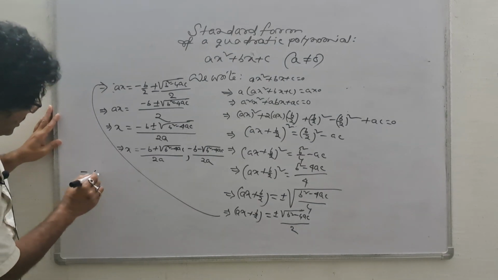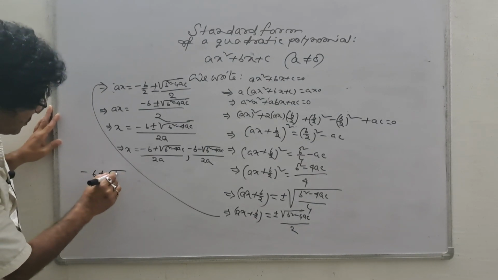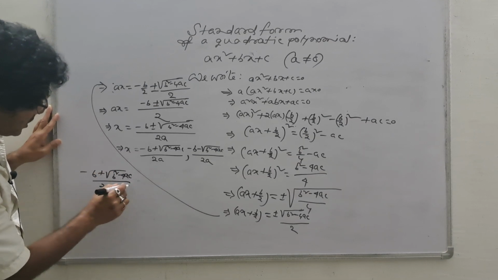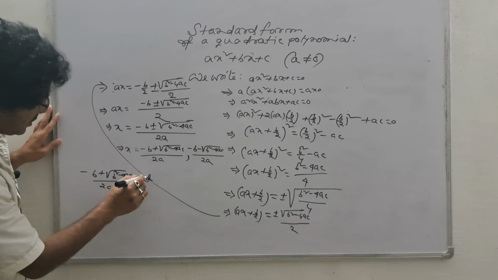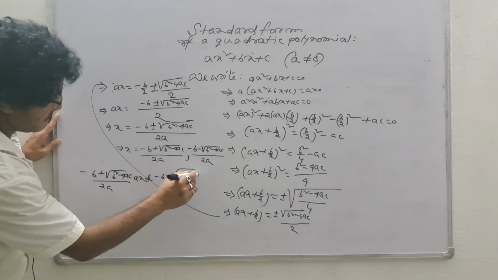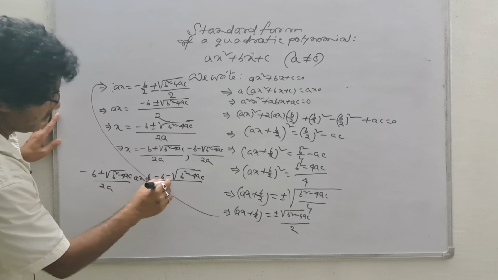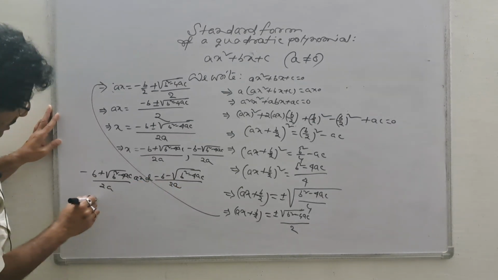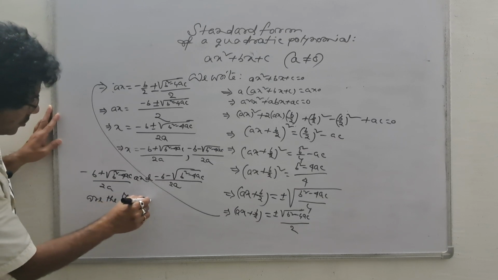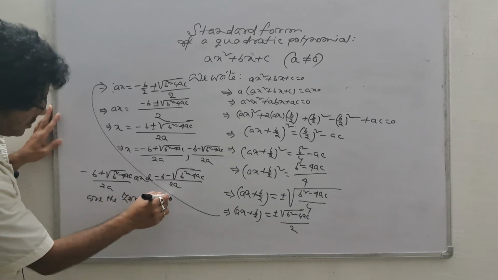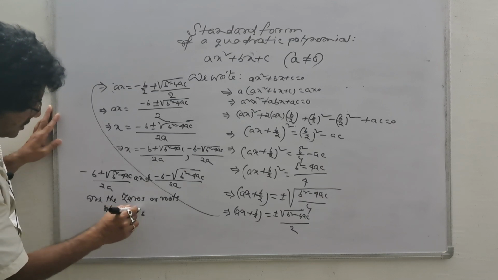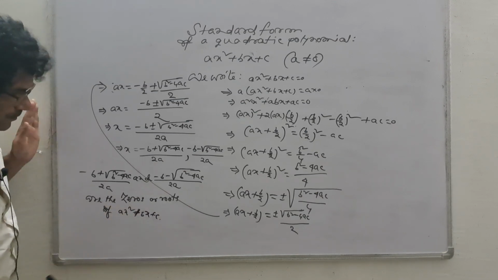That is, minus b plus root of b squared minus 4ac by 2a and minus b minus root of b squared minus 4ac divided by 2a are the zeros or roots of ax squared plus bx plus c.